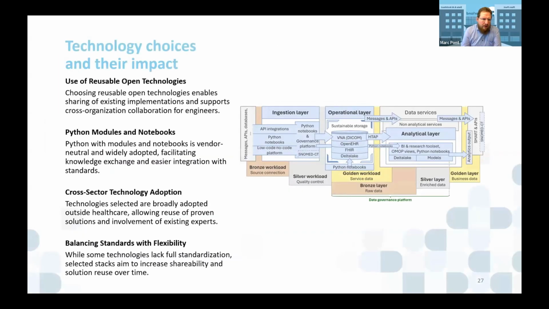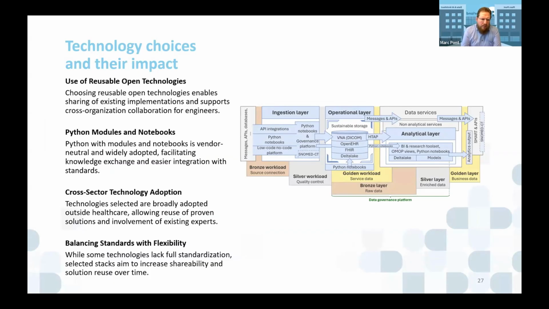If we take a look at the technologies, we use reusable solutions mostly. Wherever we can, we apply that so that smaller hospitals can, at some point, reuse the stack that we've implemented. Python modules and notebooks so that we can, at some point, open source the code we have. We also prefer cross-sector technology so that we can find specialists in other sectors due to the small pool within our ecosystem.